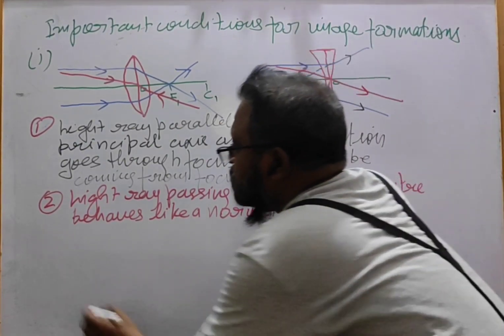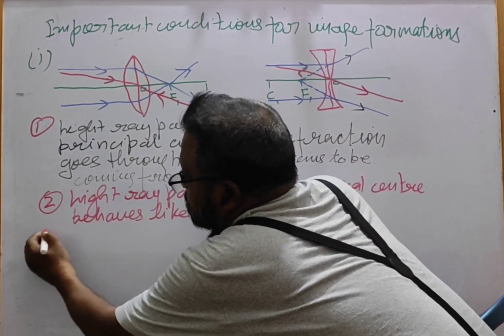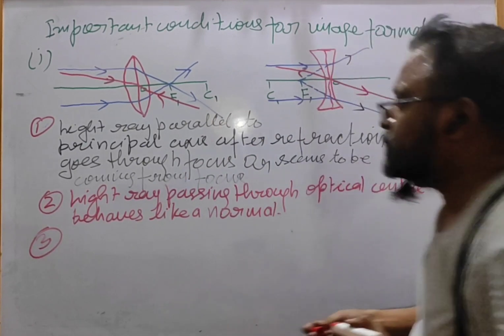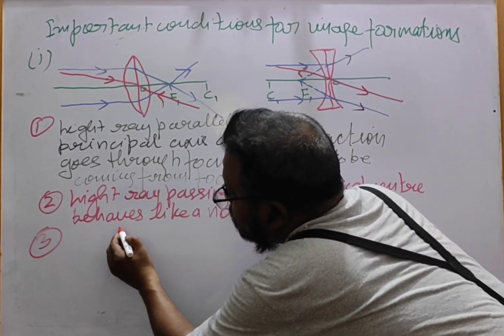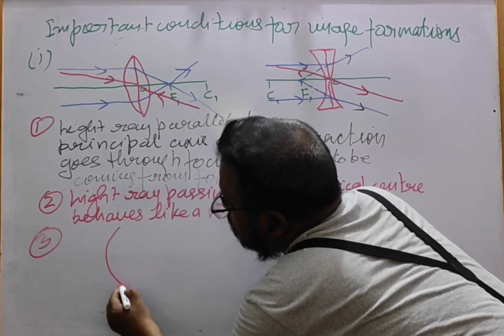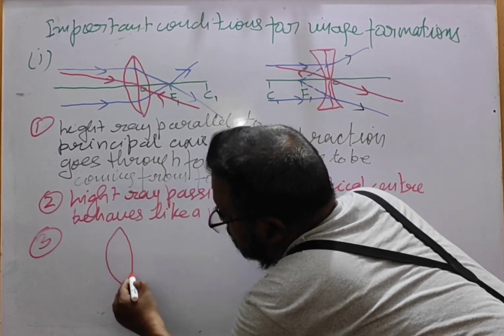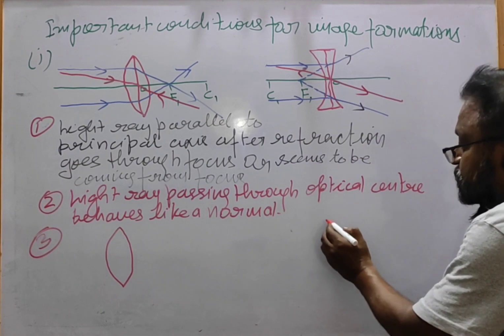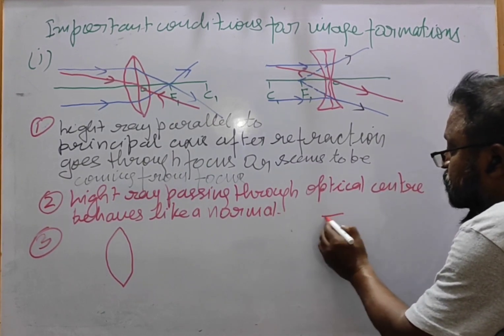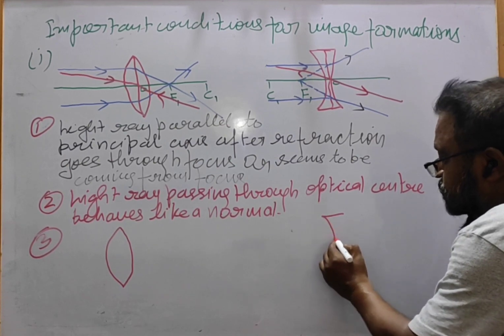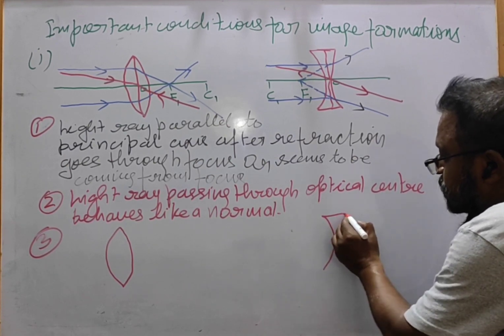And the third and last condition is, this is convex lens, this is concave lens, right?